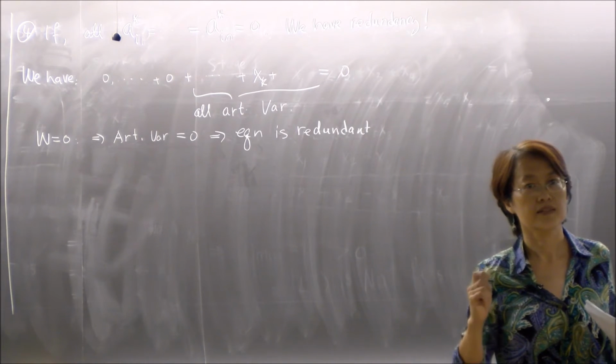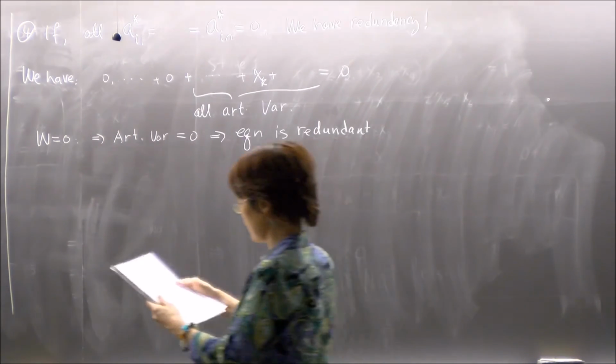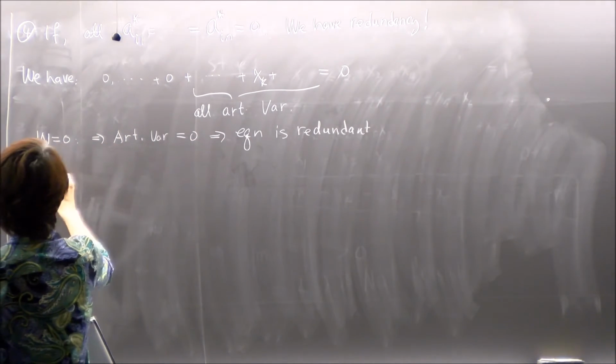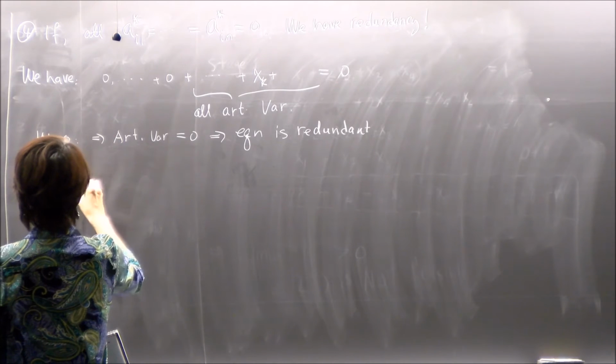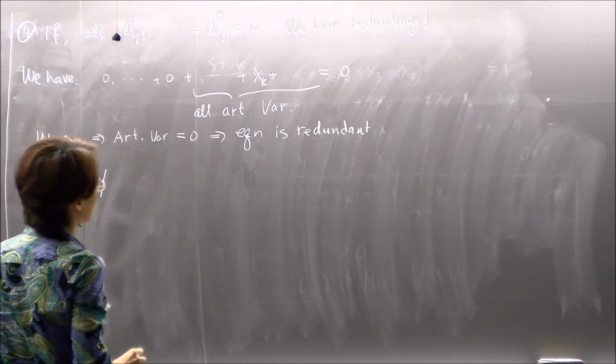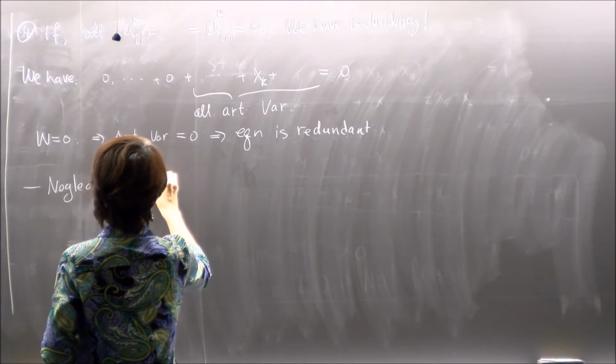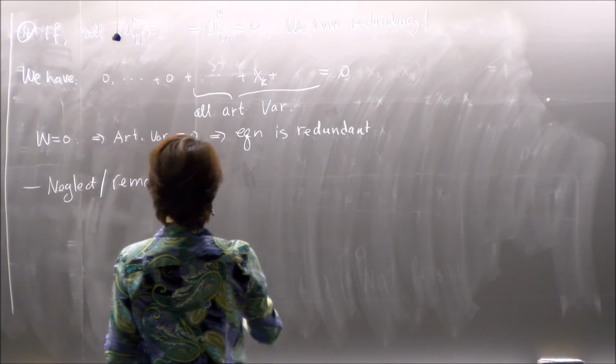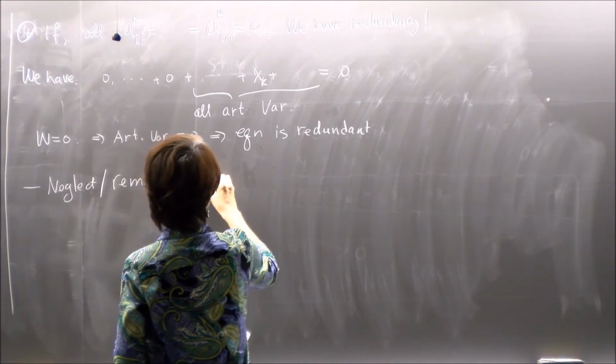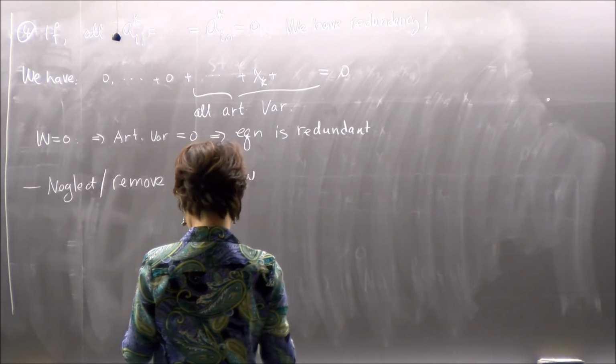Is that clear? It's getting complicated. So if you are using software, you neglect the row, and if you do it by hand, we will remove this equation, meaning in the tableau we'll neglect this row here.